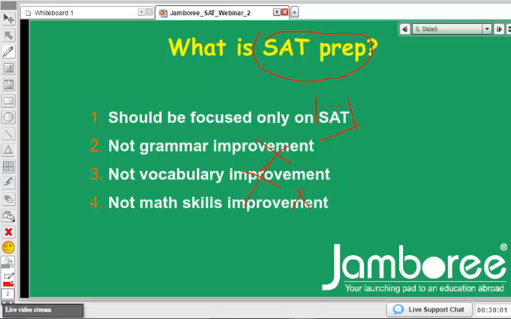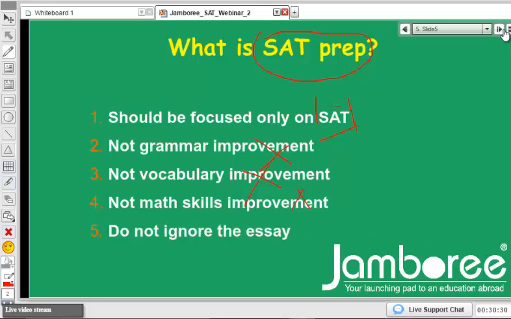So you have to focus a little bit on vocabulary also, but only on those frequently asked words, not just overall vocabulary improvement. And your math skills, a lot of people solve a lot of questions. It's not important. You should figure out first what are the strategies that you can apply. It has to be strategy oriented and not random solving of problems.